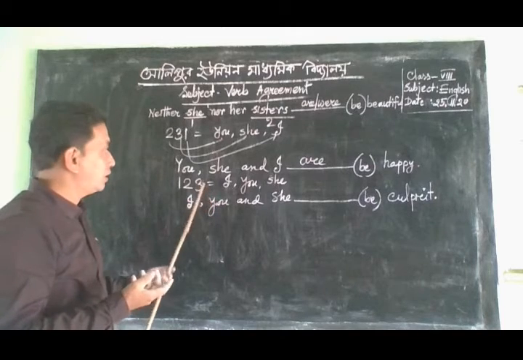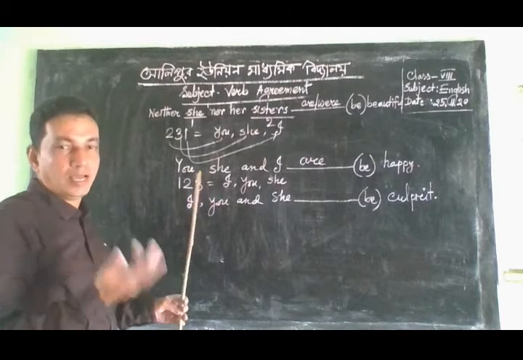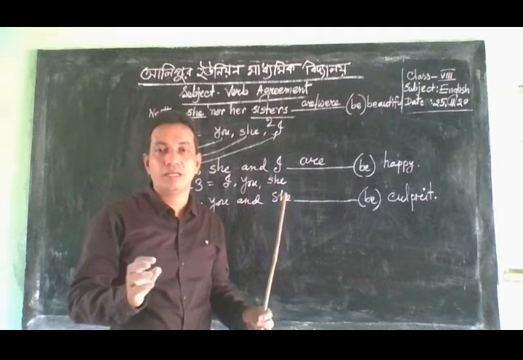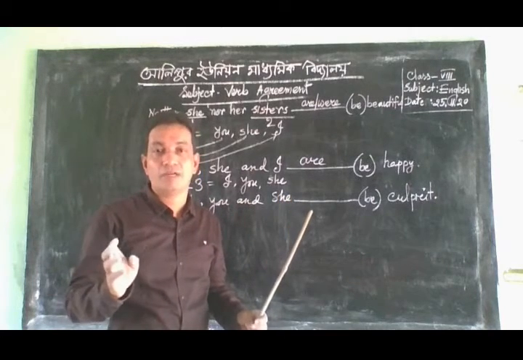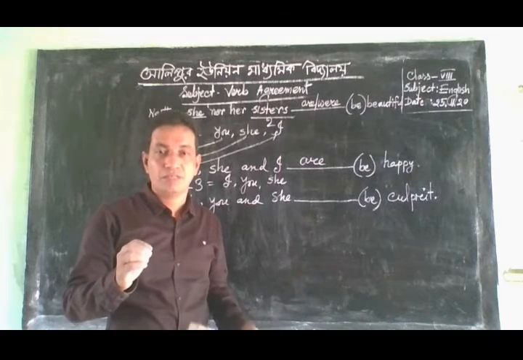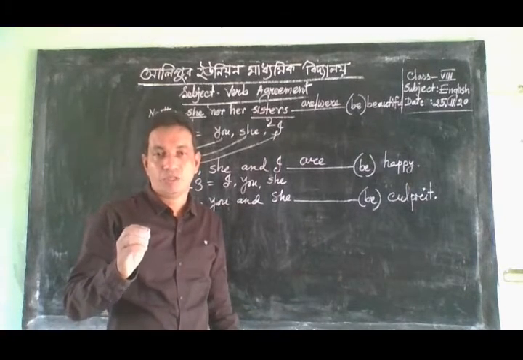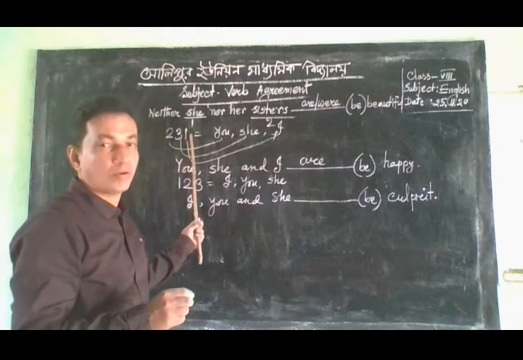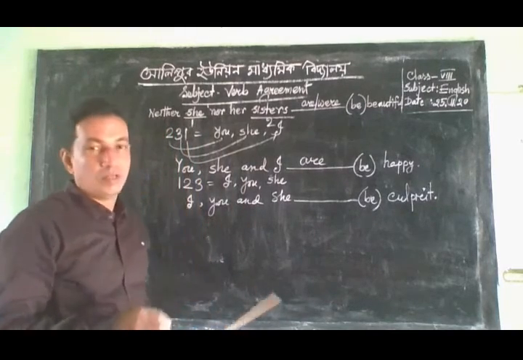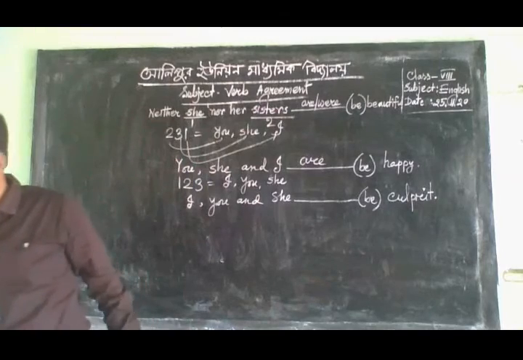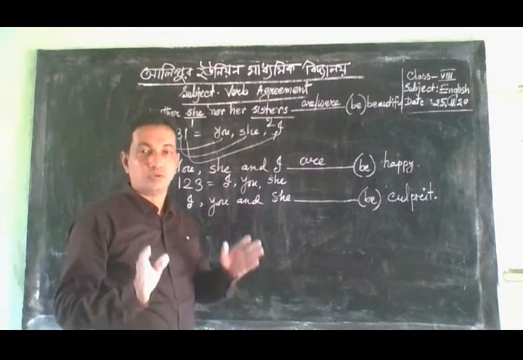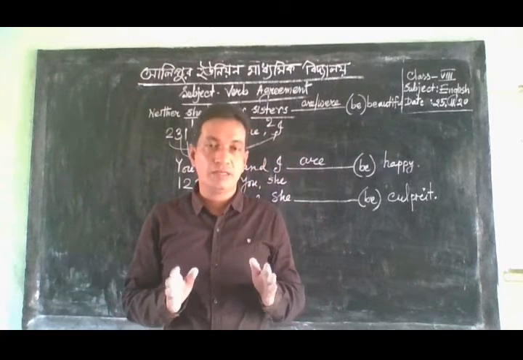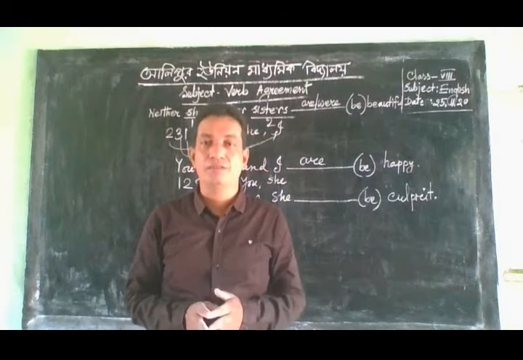If there is any liability, the subject should be 1, 2, and 3, and if there is no liability, the subject should be 2, 3, and 1. So you should bear in mind these two rules.